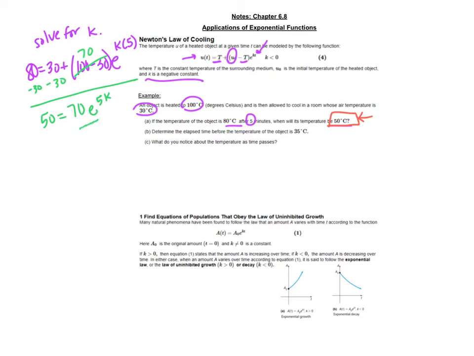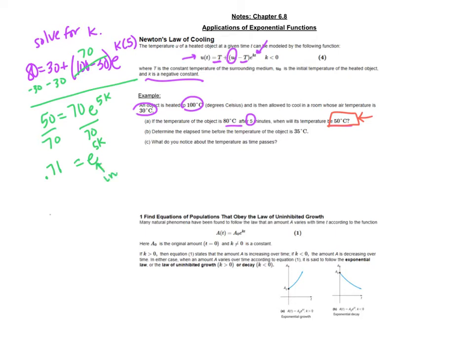I'm going to divide it by 70. So I'm going to get 0.71, and again that's rounded, e to the 5k. Now to get rid of my base, my e, I'm going to change it into a log. Remember the log with a base e is going to be my natural log.